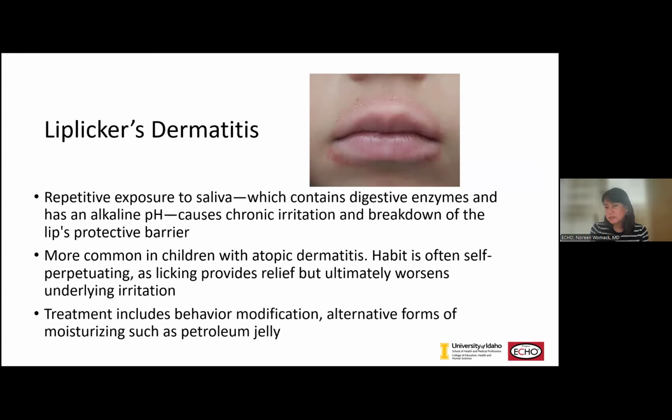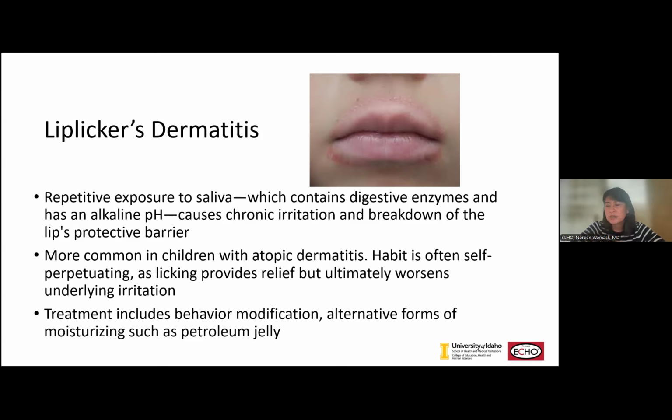but not always. It can be associated with anxiety, but not always. And the treatment's always the same. You just have to stop them from licking their lips. Sounds easy, right? But anybody who's worked with children and behavior knows behavioral modification isn't that easy. I don't love gum, but sometimes if that will keep their mouth busy, that can sometimes break the cycle.